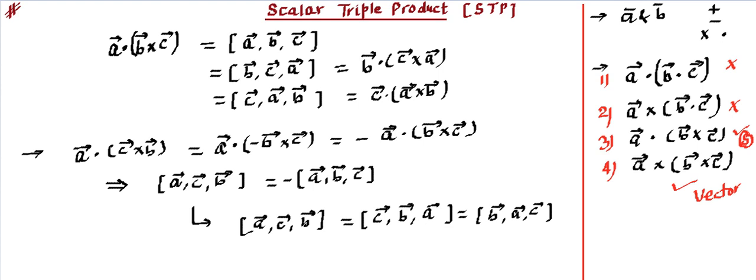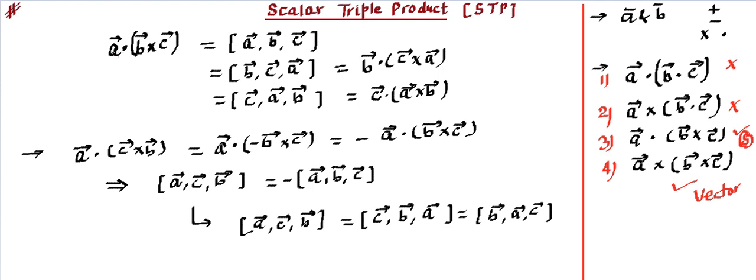So let me quickly re-explain what we are focusing on over here is this particular arrangement, that means having one dot and cross, is called scalar triple product because they are using three vectors and it is giving you a scalar quantity. That point is easier to grasp.